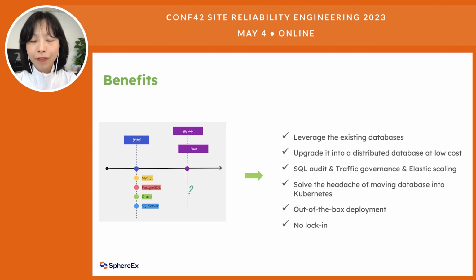This new solution can help you reach the following benefits. First, this solution can help you leverage your existing databases. Don't make a big change to your MySQL or PostgreSQL database infrastructure, just leverage it, but upgrade your current monolithic database infrastructure to become a distributed one, with data sharding or data encryption, such good features, to make your current monolithic databases become distributed.